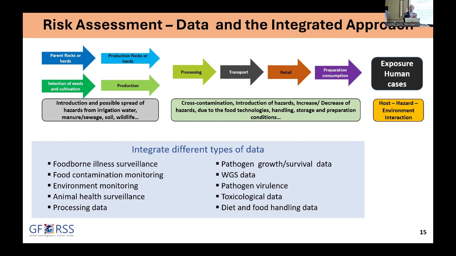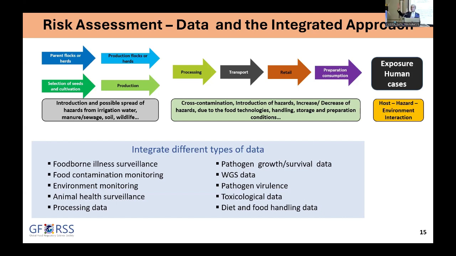And when you look at the data that you are going to be needing for risk assessment, you're generally going to be looking at data of two categories. Data that will inform the hazard characterization, and that's what you find in foodborne illness data, for example, epidemiological information, any type of toxicological studies. All those will inform you on the hazard, the impact of the hazard on your health.